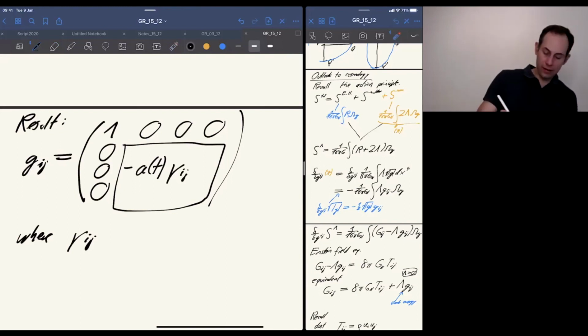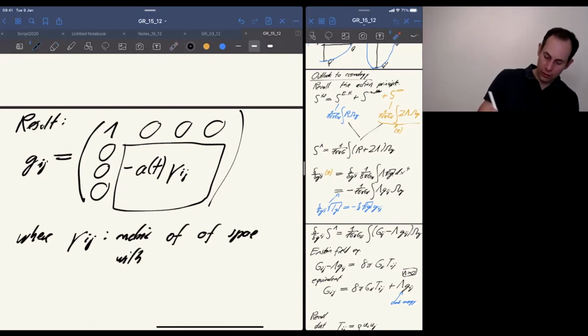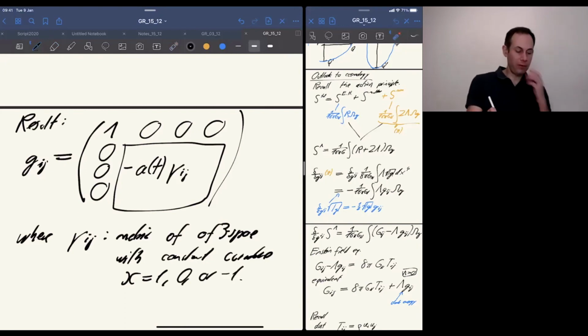Gamma is the metric of space, of 3-space, just in the 3-space part, with constant curvature kappa, and kappa could be either 1, 0, or -1.